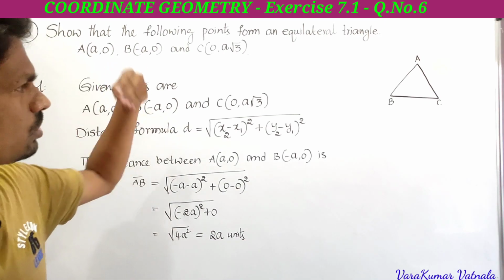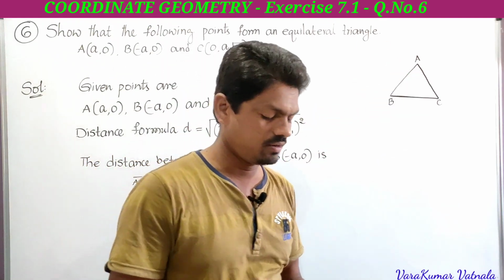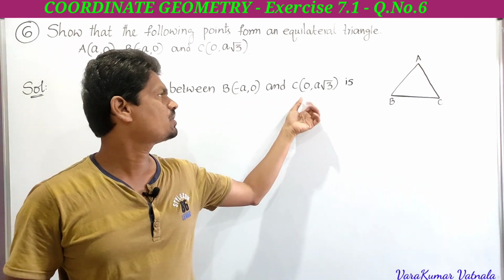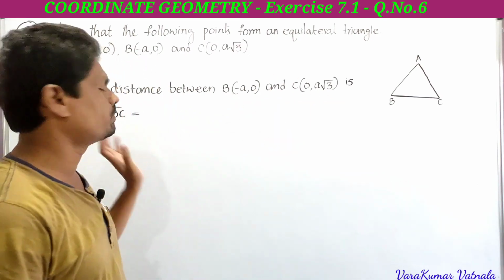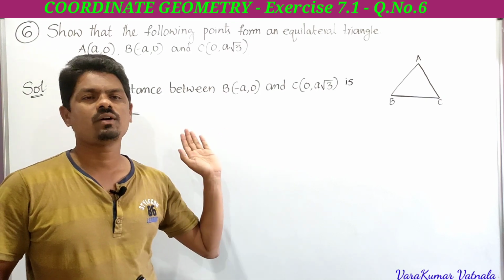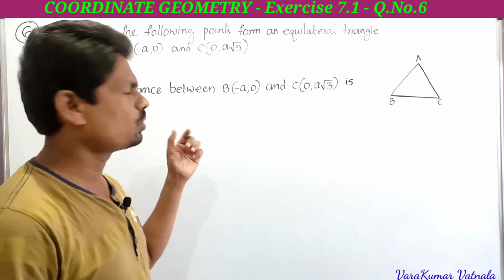In the same way, let us find the distance between B and C. The distance between B (-a, 0) and C (0, a root 3) is BC, equal to square root of (x2 minus x1) whole square plus (y2 minus y1) whole square.